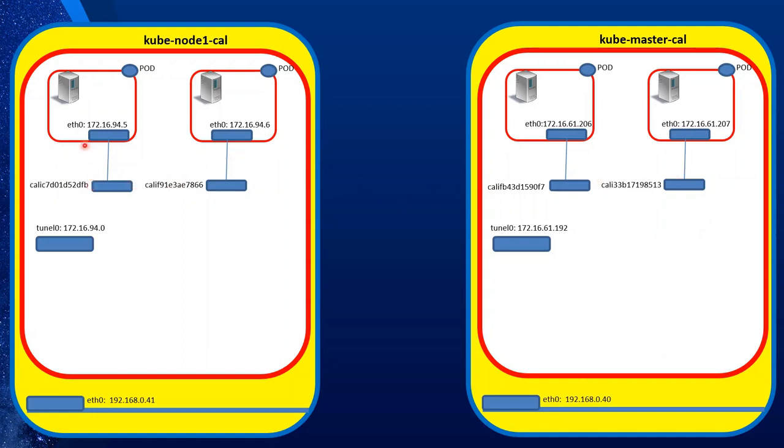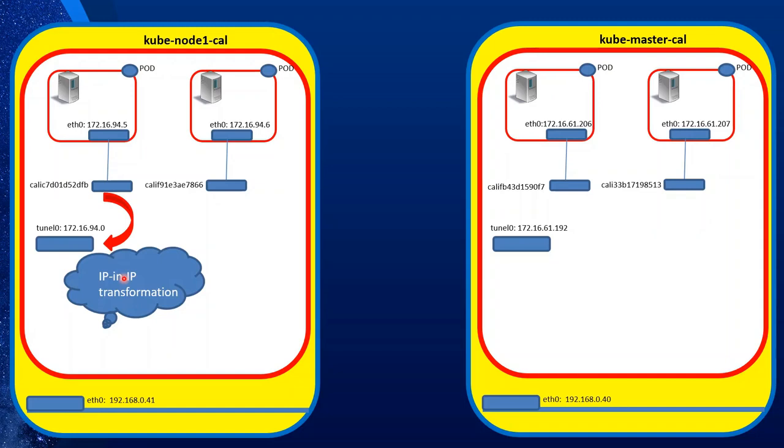However, if one pod wants to communicate with another pod on a different server, then as we saw, it has to go through the tunnel. And the tunnel is where the IP in IP transformation occurs. That is, it creates an IP header and encapsulates everything in the IP part of this communication inside that IP.